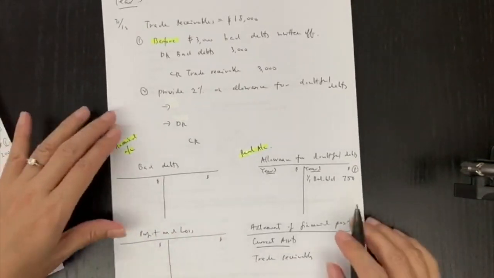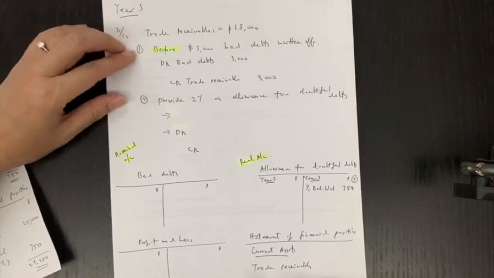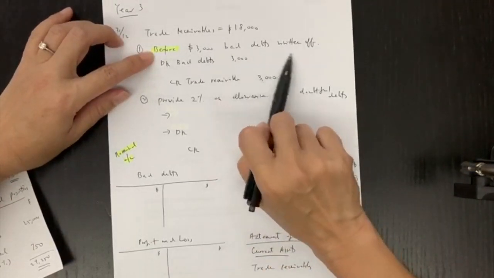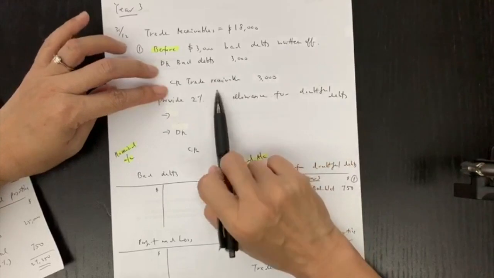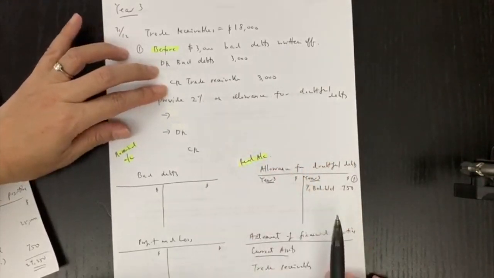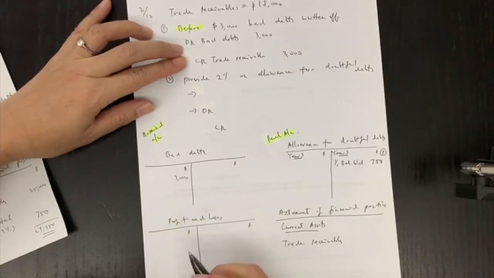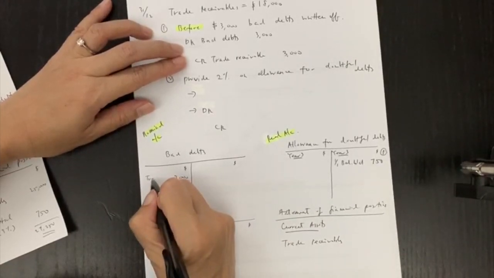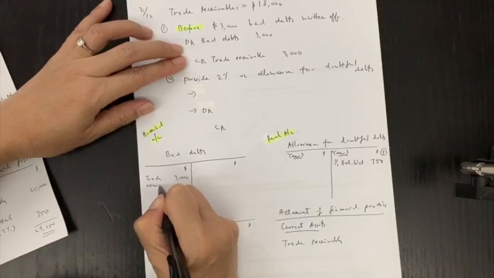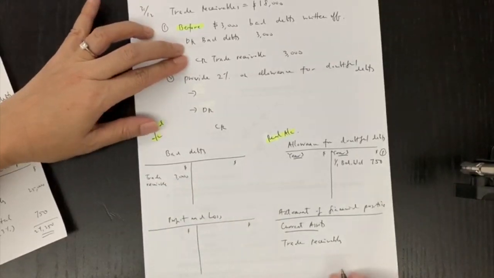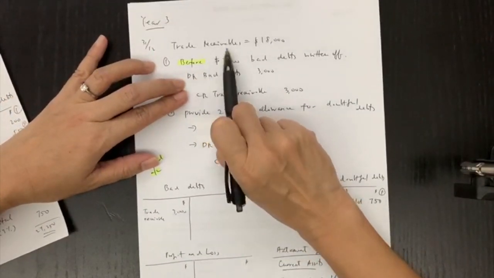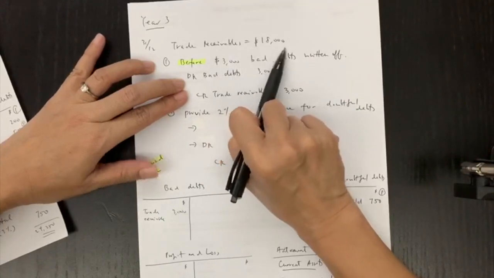Okay. And now let's look at the condition here. So the first one, before, 3,000 bad debts written off, and then this is a double entry as usual. Now I do posting, so debit bad debt. So here is my bad debt account, right? And then credit trade receivable. Okay, and I have this trade receivable as current assets, 18,000.